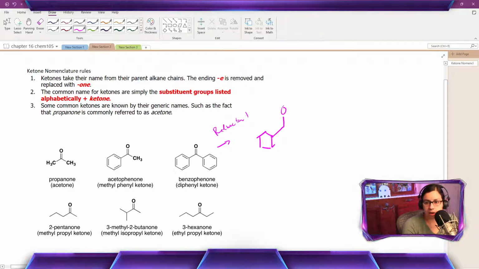I'll explain why it's super relevant in a second. So it forms this compound, and this is a purple compound, and it is used as an indicator to let you know when your solvent is dry or not, essentially.